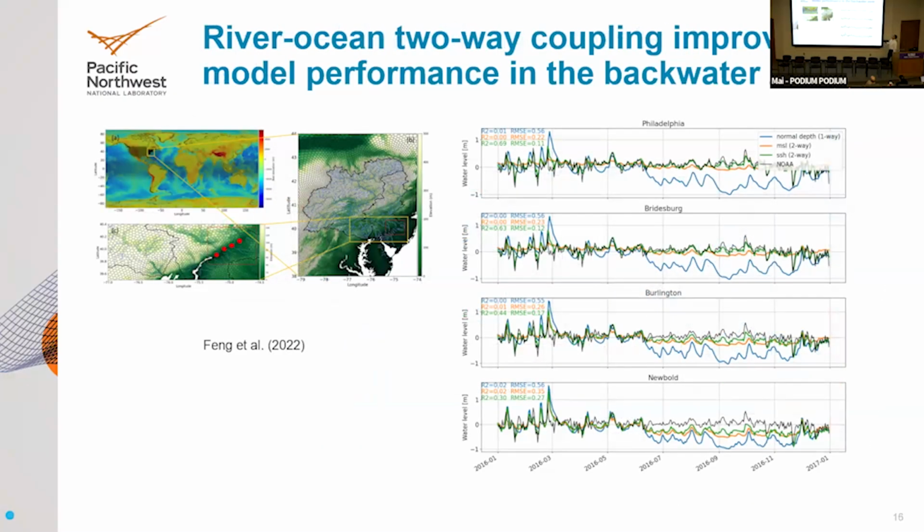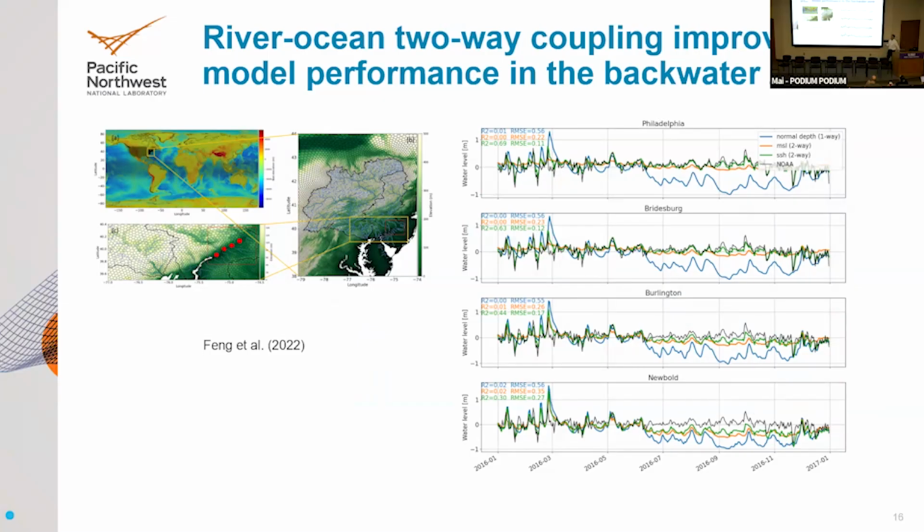For the river-ocean coupling, we have applied this model to the US Mid-Atlantic region, shown in the left panel. In panel C, you can see 4 red dots. These are the 4 NOAA gauges. From downstream to upstream, they are Philadelphia, Bristol, Burlington, and Newport.